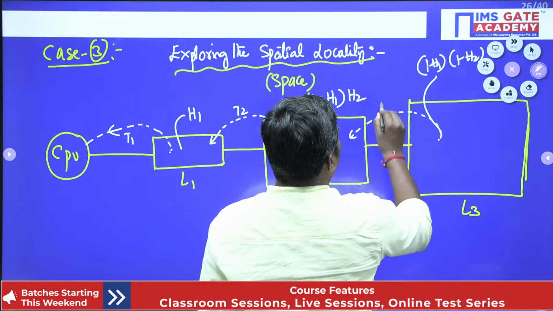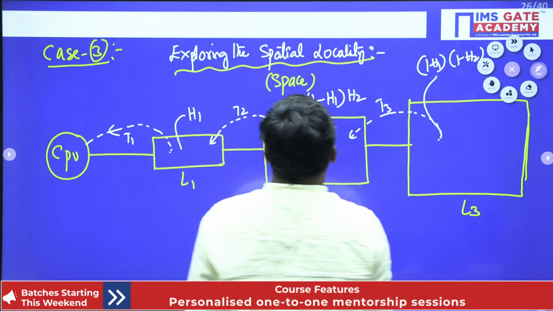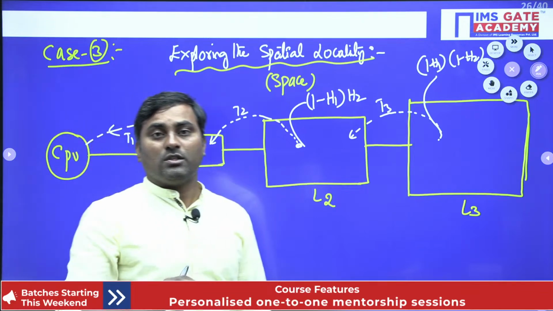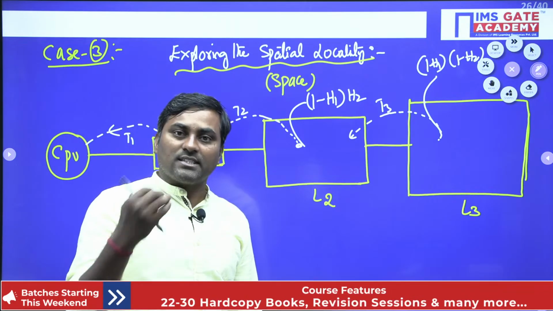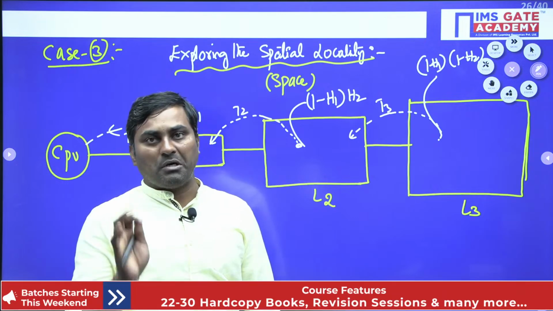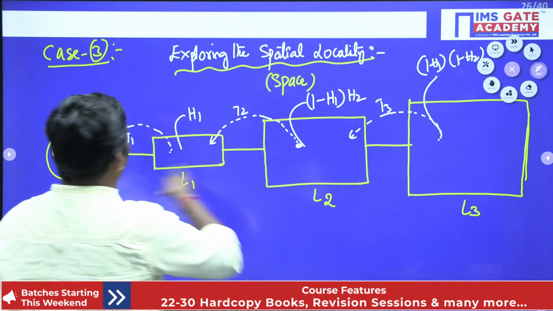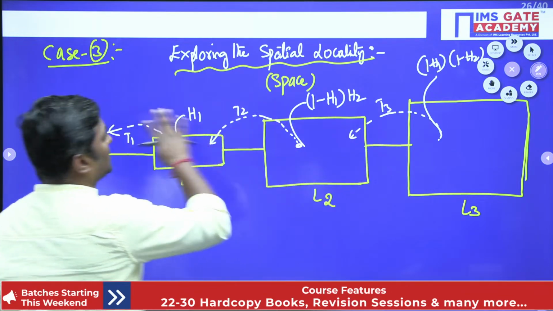To transfer one word from level 3 to level 2, T2. So far, whatever I discussed, T1 represents accessing one word with respect to that particular memory system. L1, L2, L3 are connected level by level, basic information given.